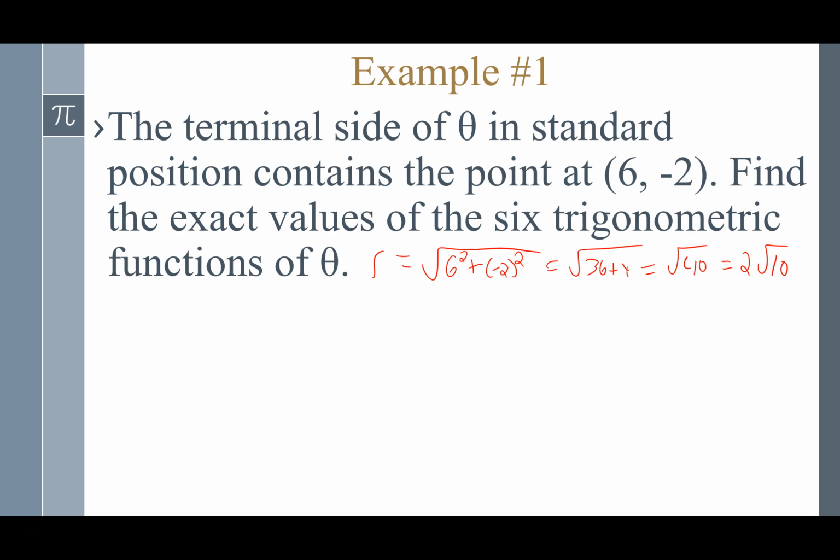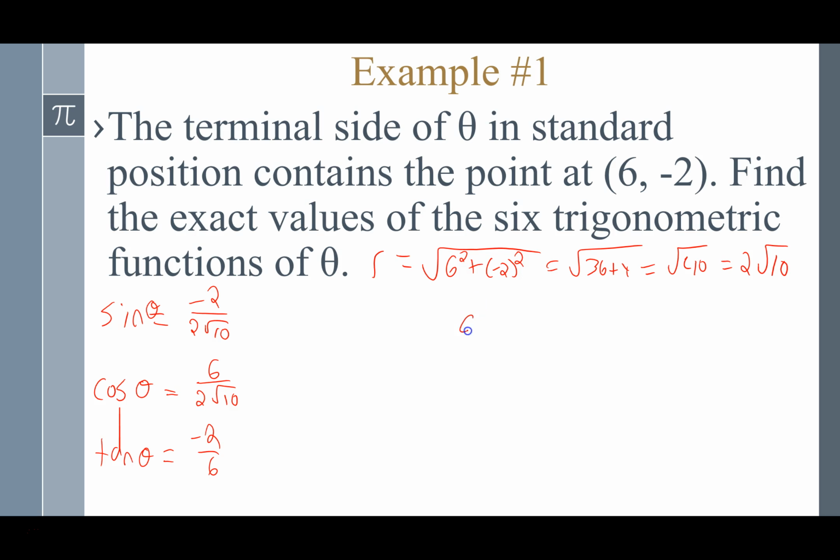When we set up our trig ratios, sine is always y over r, so it's negative 2 over 2 square root of 10. Cosine of theta, that's what that angle is, would be x over r, so it'd be 6 over 2 square root of 10. Tangent would be y over x, so negative 2 over 6.